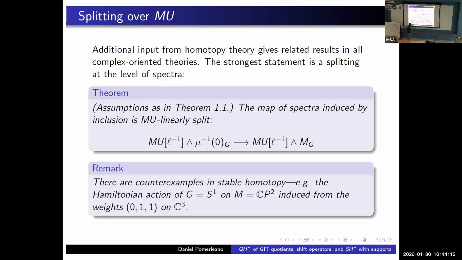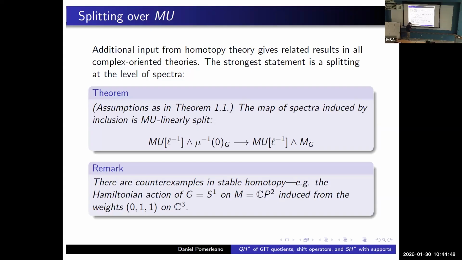It's more complicated, and I don't want to explain it right now, but if you integrate more of this chromatic homotopy theory, you actually get that the inclusion after you smash with MU is MU-linearly split. So there's an MU-linear splitting.